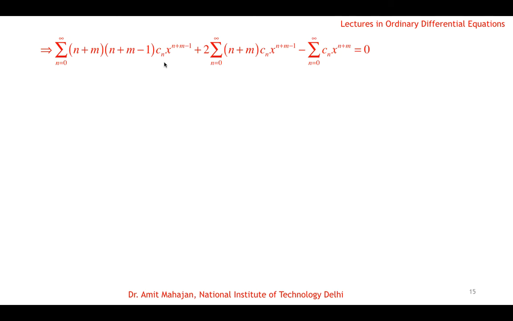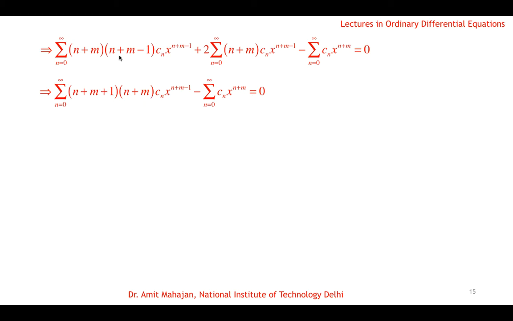Then you can combine these two easily, because the starting position is the same and the power is the same. Because this power is different, keep it separate. For these two, n plus m is common, and then n plus m minus 1 plus 2 gives n plus m plus 1.